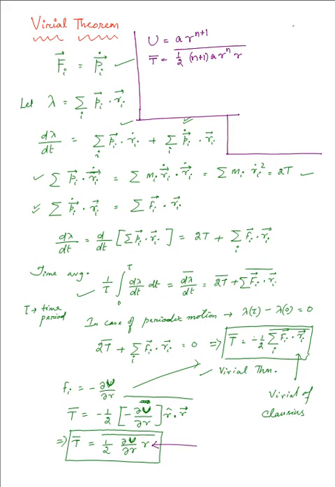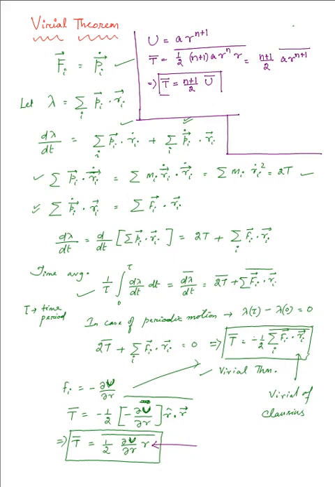So that gives us n plus 1 over 2, and the rest of the term, that is A R to the power n plus 1 taken average, that again gives back the potential energy term. So what we obtain here is T bar equal to n plus 1 divided by 2 times the average of the potential energy.